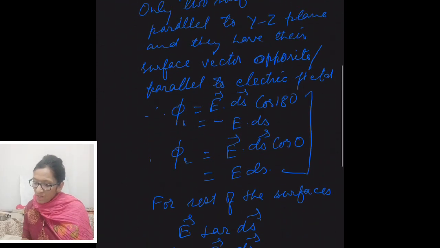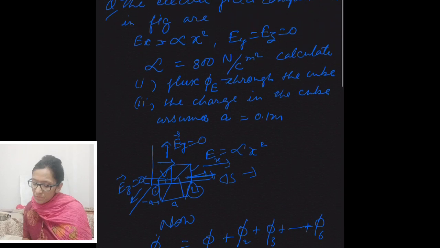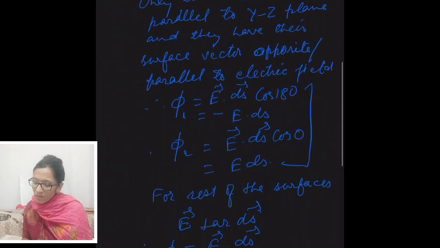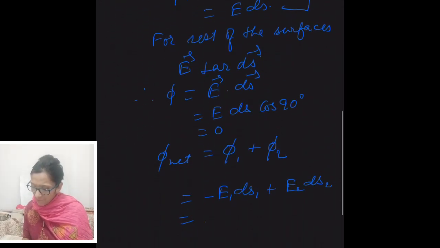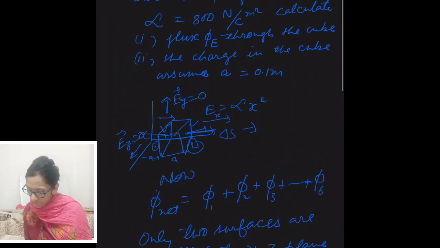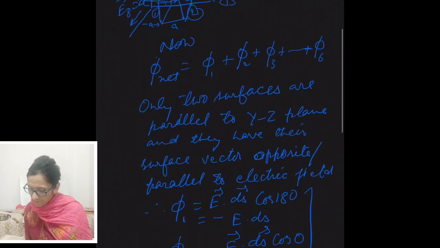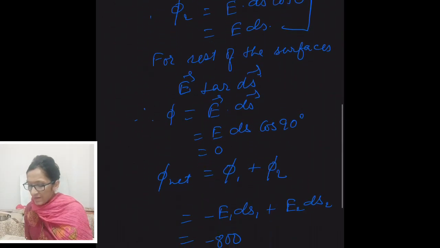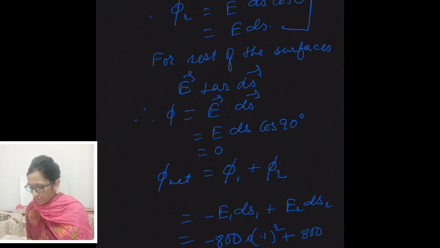E is given as alpha x square, and alpha has value 800, so minus 800, and ds has value, since a is given as 0.1 meter, so a square is 0.1 whole square.